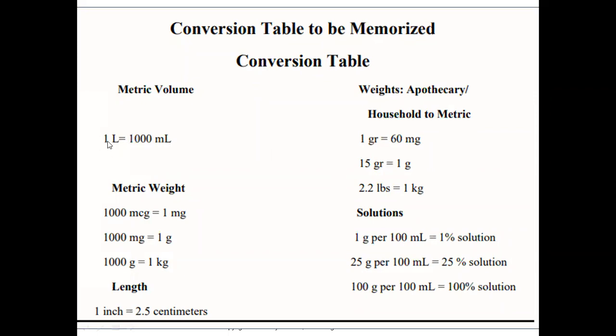So 1 liter, if you want to convert to milliliter, we have to multiply by 1000. What others? Like 1 milligram equal to 1000 microgram, smallest one. 1 gram equal to 1000 milligram, and 1 kilogram equal to 1000 gram.